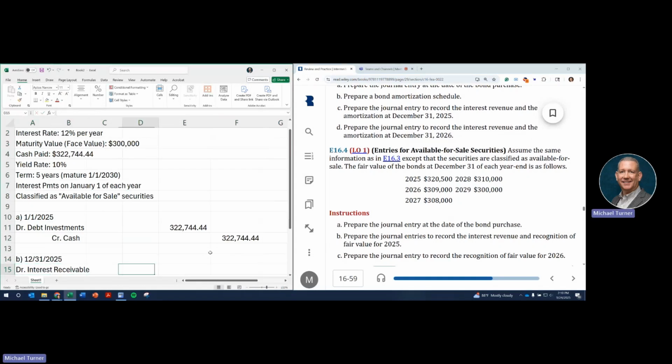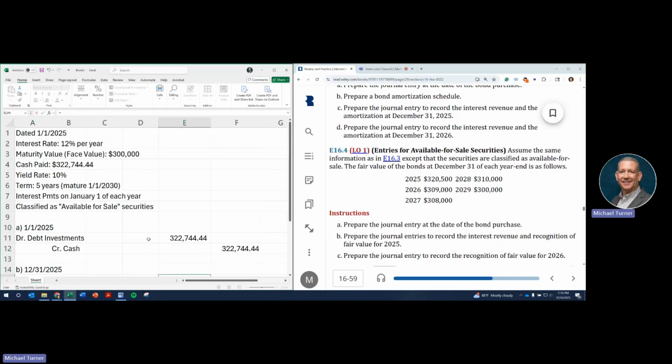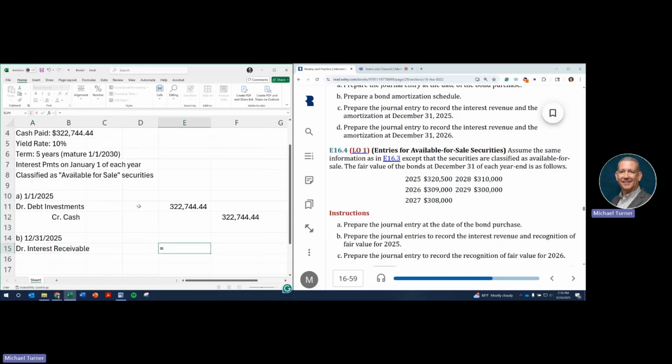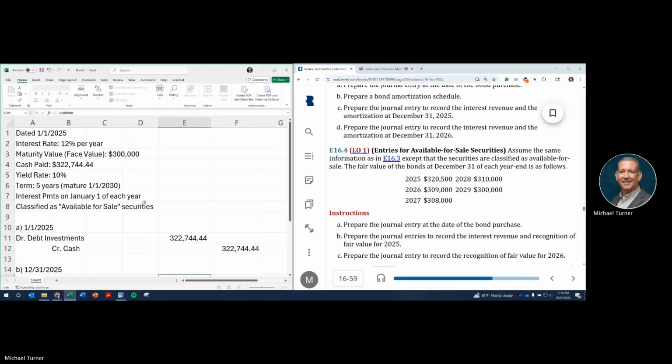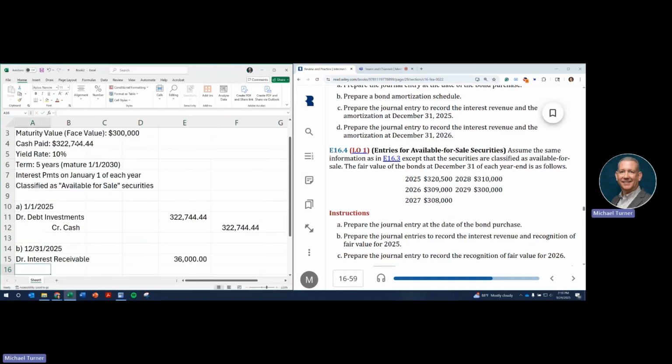I'm going to record an interest receivable related to the amount that is due on the bond. So we bought $300,000 and the interest rate per the bond is 12%. And it's paid once a year. So principal times rate times time is 300,000 times 12% times 1 year is $36,000.